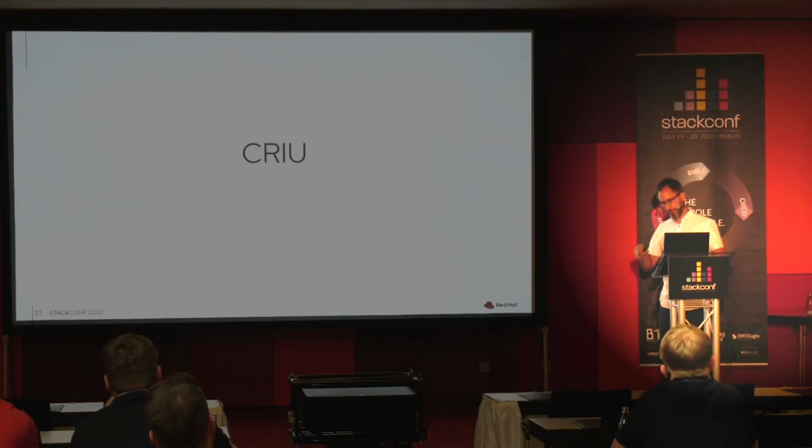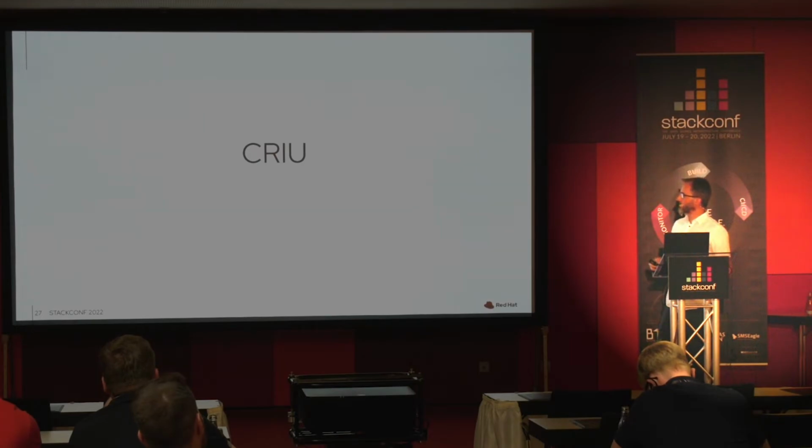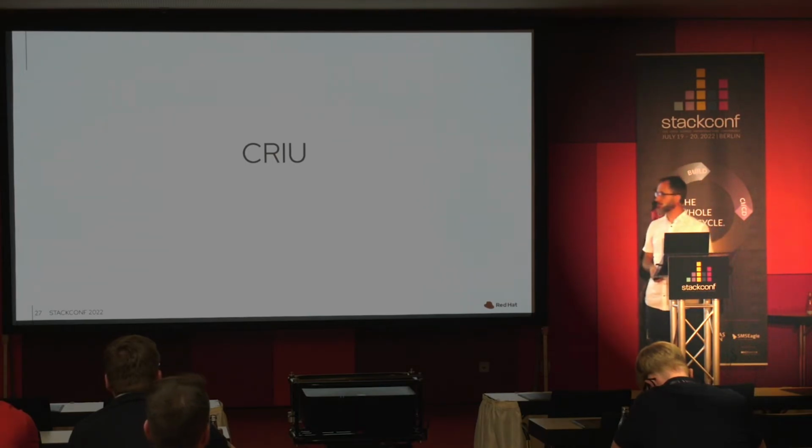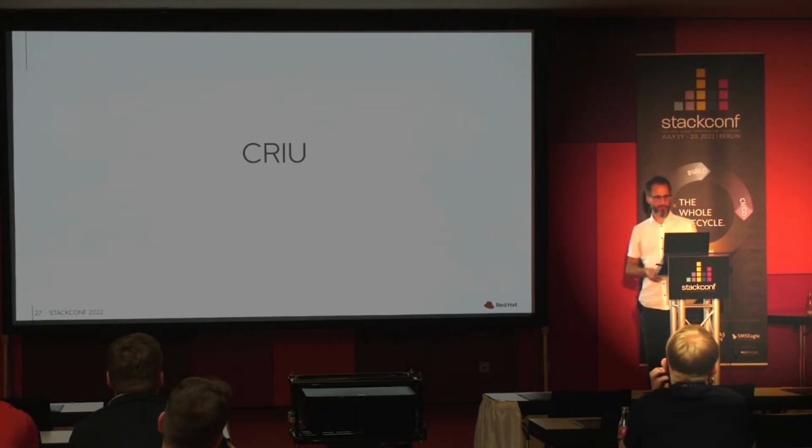CRIU does the checkpoint, writes it to disk, and then it goes up the stack again, and at the container engine level, CRI-O or containerd will put it into an image and put the image either on local disk or in the local image store, and then it can be used as a tar archive to transfer it locally, or it can be used to transfer it to a registry.